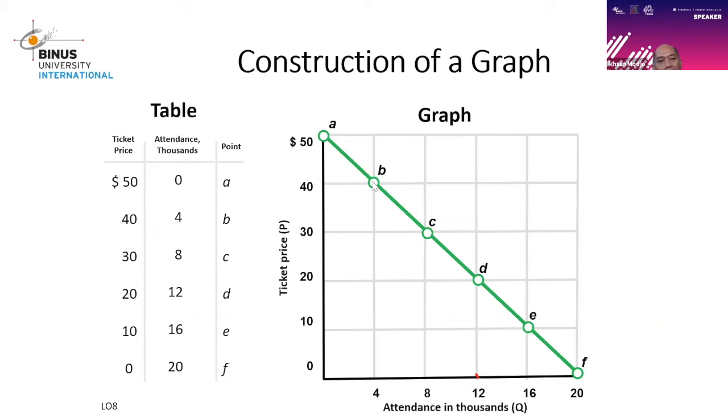So you're going to get the point B. And the next point, perhaps you only need like point E. So 10 and 16. But when the price is too low, as much as 10, then the number of people attending these shows or concert is going to be 16. You're going to get the point E. So when you connect the B and E, yeah, you're going to get the whole graph.